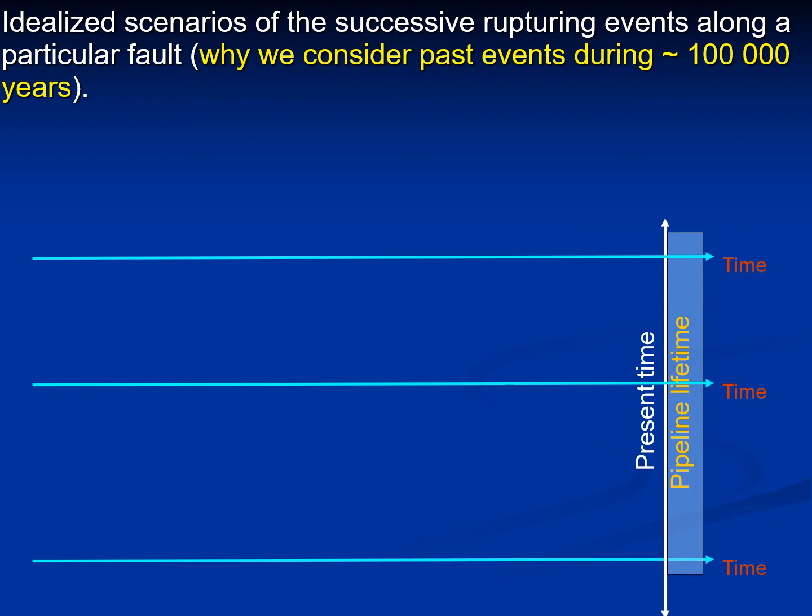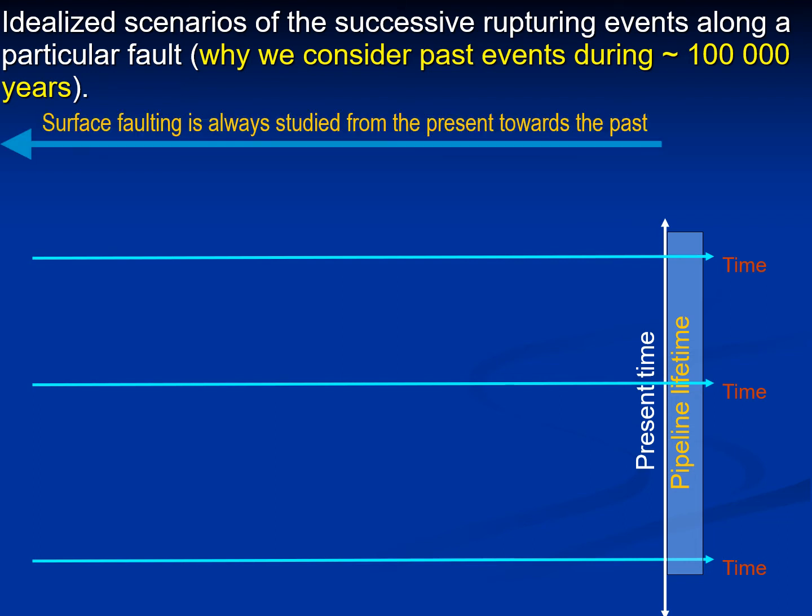Here are idealized scenarios of successive rupturing events along a particular fault, and they will explain why we consider past events over a very long time period, about 100,000 years, for example. Here we can see the first variant. First of all, surface faulting is always studied from the present towards the past.